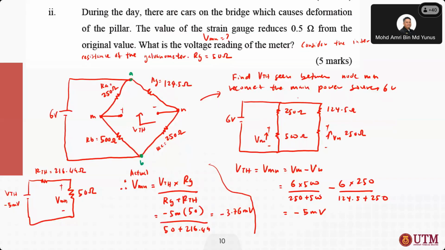Therefore, you can find the Ig. So the Ig, or the current that flows through the circuit, is equivalent to VTH divided by RTH plus Rg. So that's the current that flows.